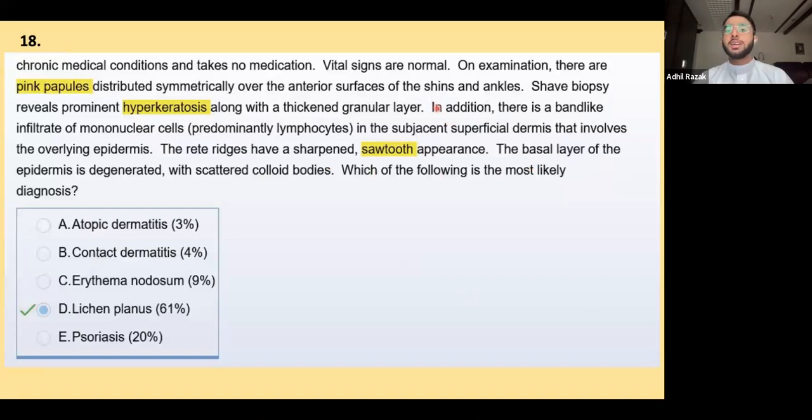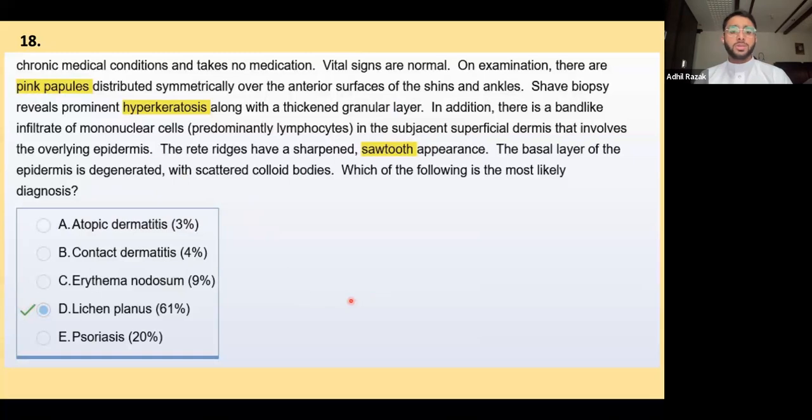What exactly is being described here? No, actually, it's not psoriasis. I'm emphasizing this because I remember getting a question on it in my final. What's being described is interface dermatitis, which is associated with lichen planus.